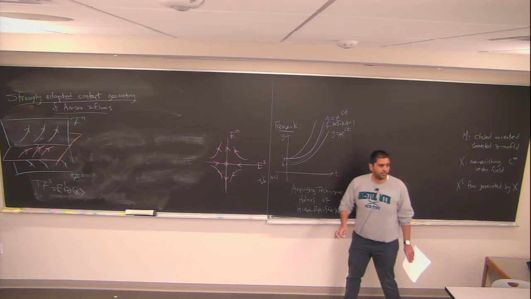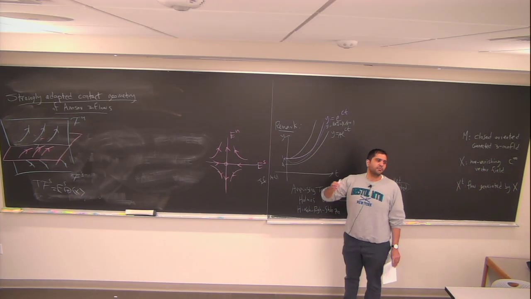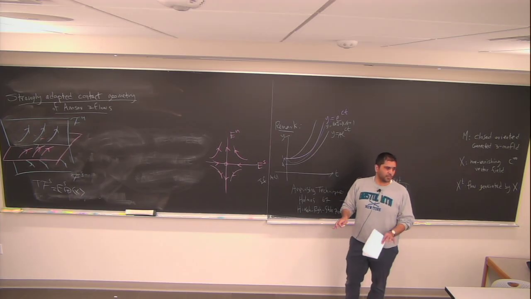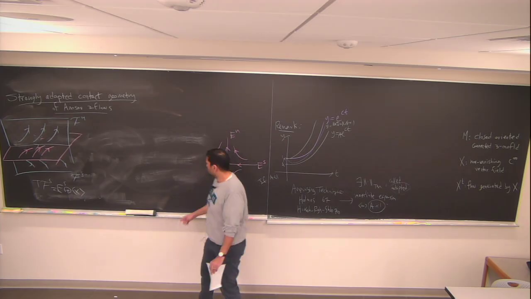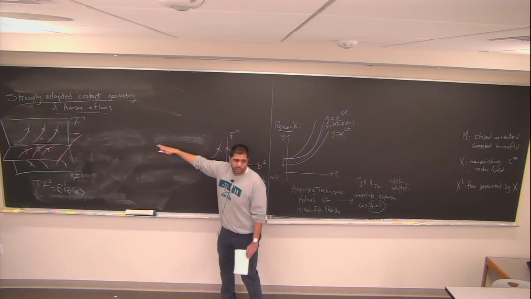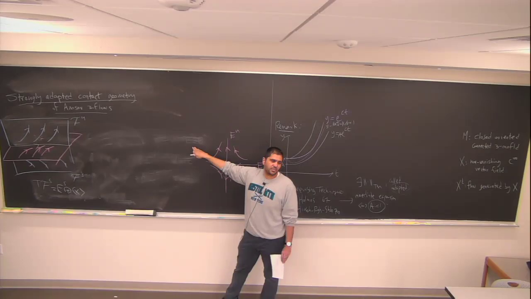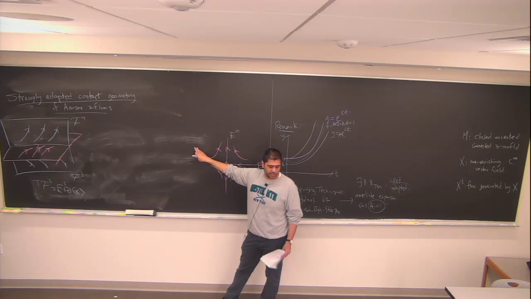A priori it is only C0, but in fact, with some work, you can show that these are C1 plane fields. That is a bit non-trivial, because notice that the splitting that I mentioned in the definition was just a continuous C0 splitting.